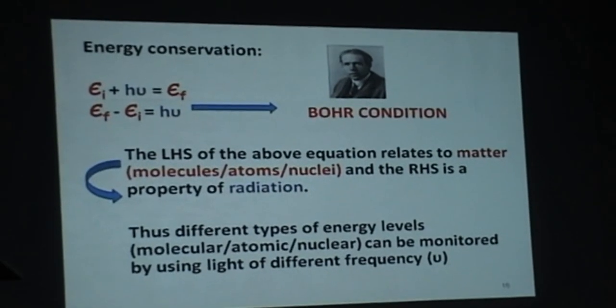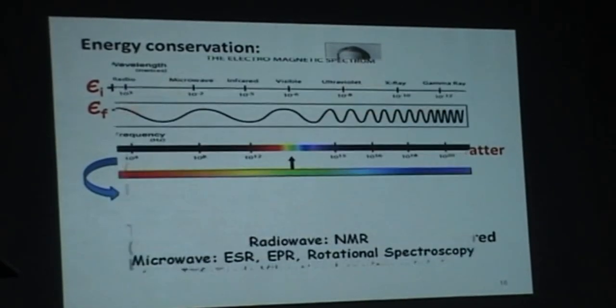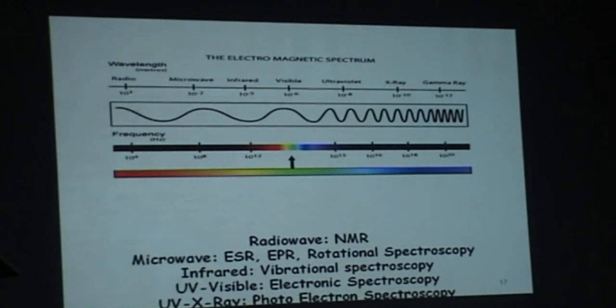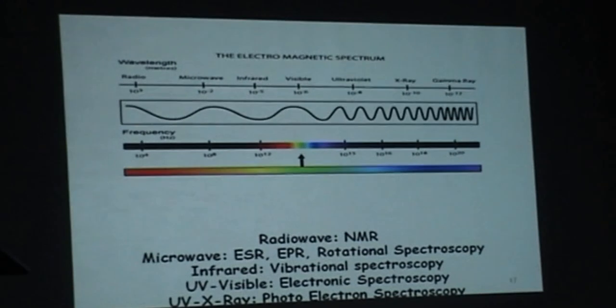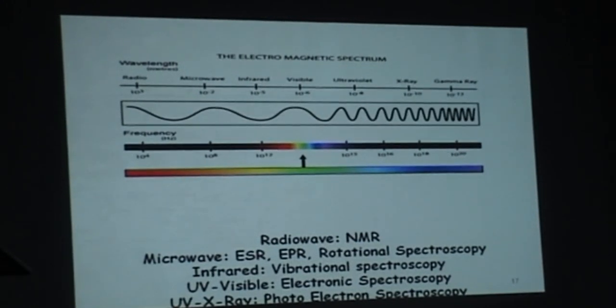Now in the case of electromagnetic radiation or light, at one extreme we have radio frequency or radio waves, which have the longest wavelength and lowest frequency or energy, and at the other extreme are the gamma rays, with the highest frequency and shortest wavelength.